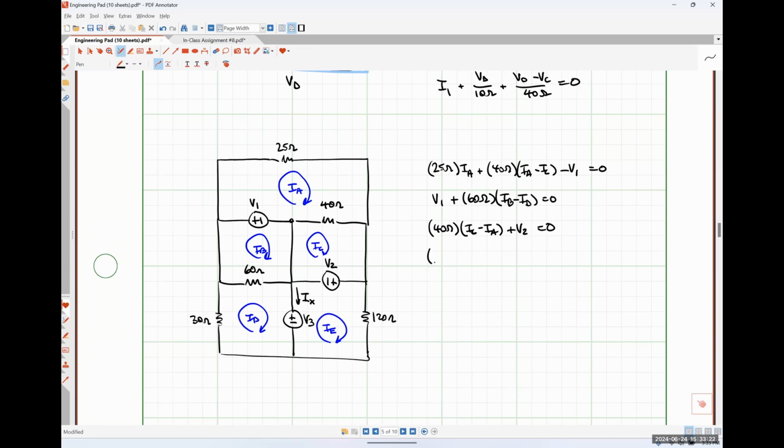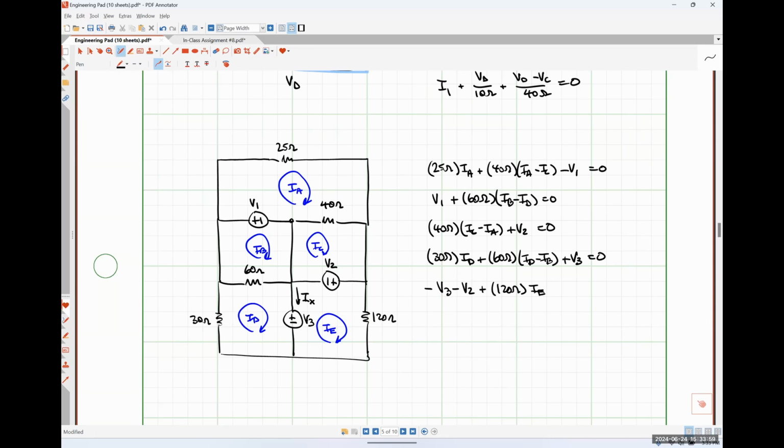Around mesh D, I'm going to have 30 ohms ID plus 60 ohms (ID minus IB) plus V3 is equal to 0. And then lastly, around mesh E, I'm going to have minus V3 minus V2 plus 120 ohms IE. And I would solve that system of 5 equations, 5 unknowns.